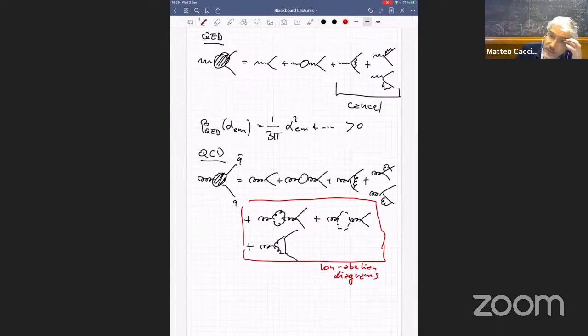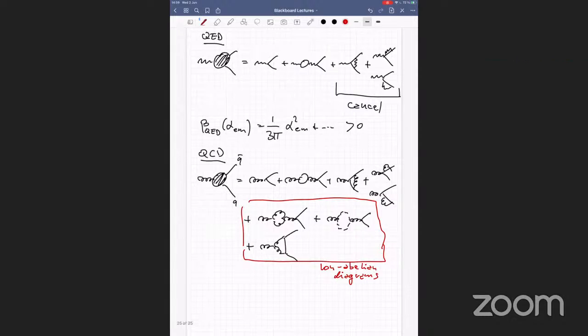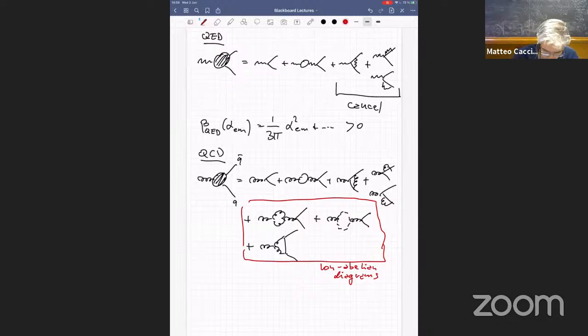I call them non-abelian because, of course, you see they have the characteristics that come out directly from the non-abelian part of the QCD Lagrangian: the triple gluon vertex and the ghosts. These things you won't find in QED, of course. So these things lead to a calculation for the QCD beta function, which is the following.